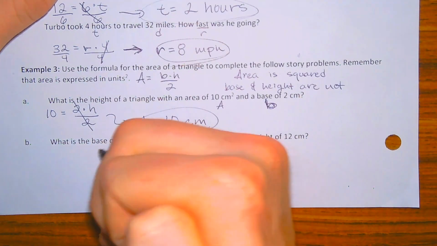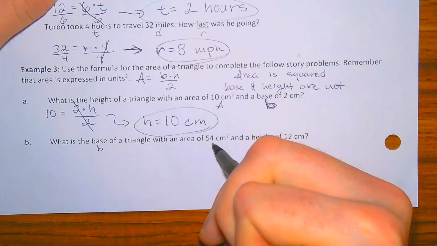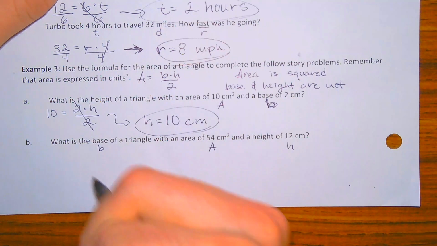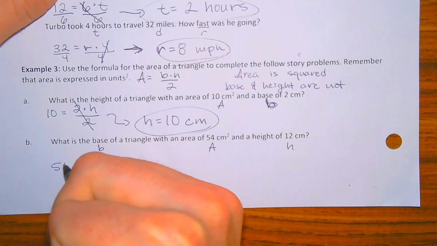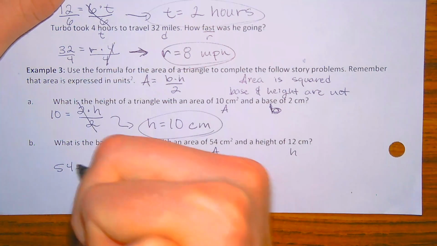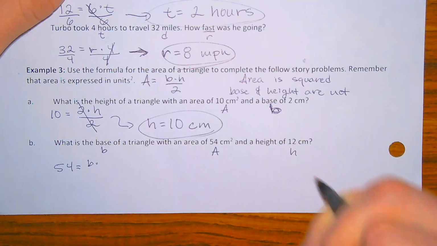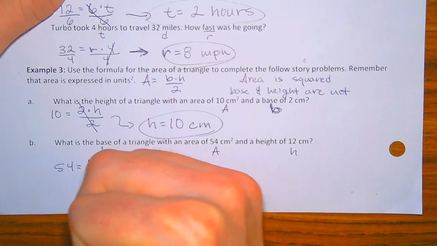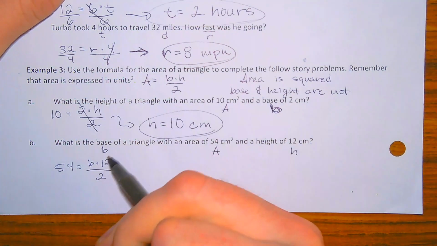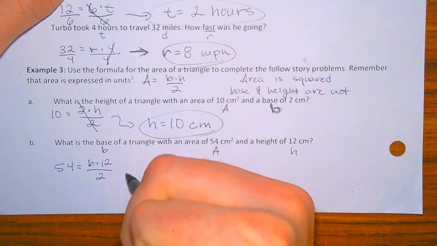Now it's asking us what the base of a triangle is with an area of 54 and a height of 12. Fill in what we know. Our area is 54. We don't know what our base is, so we're going to put B times our height, which is 12, over 2. Now, what we can do is simplify this down. 12 divided by 2.